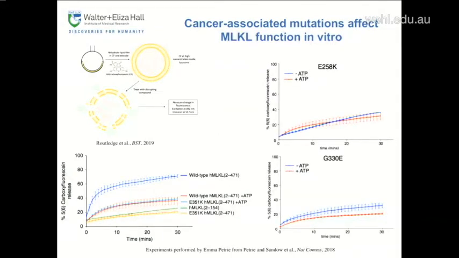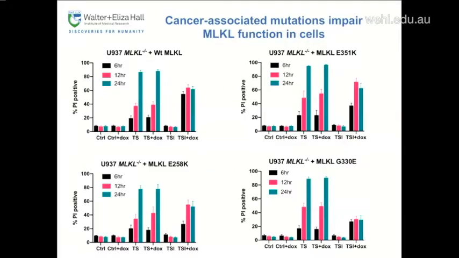The other cancer-associated mutations all showed a loss of responsiveness to ATP as well, and they all stayed at a similar rate to what the wild type with ATP was doing. So they never achieved this faster rate of liposome disruption.